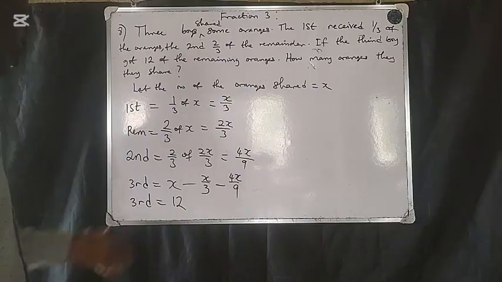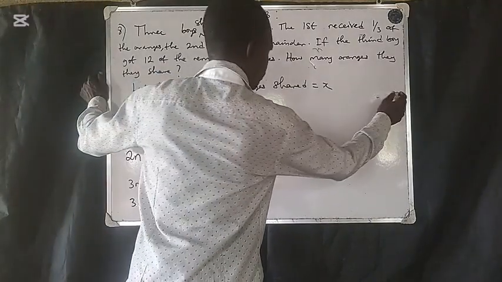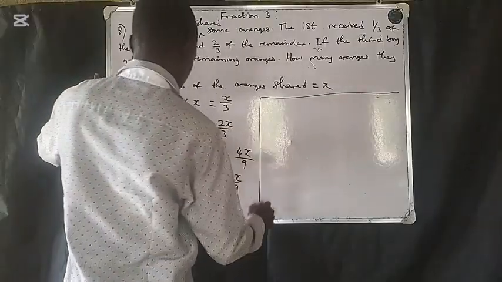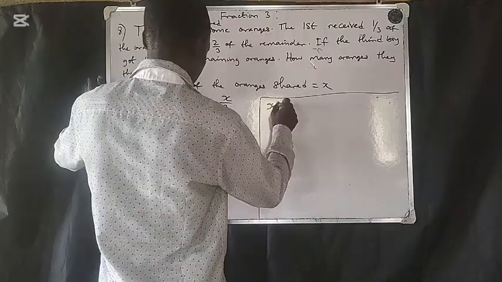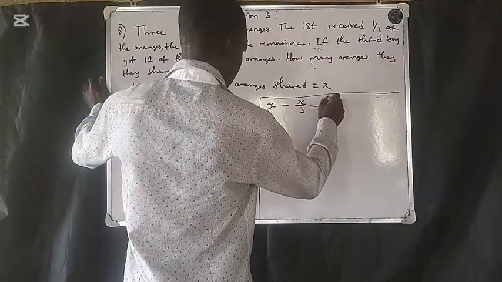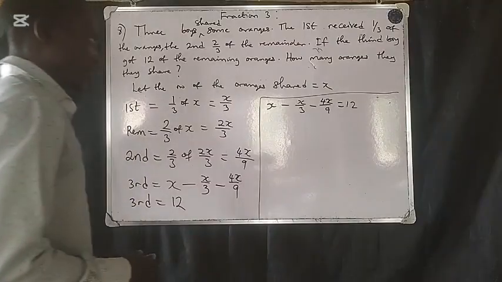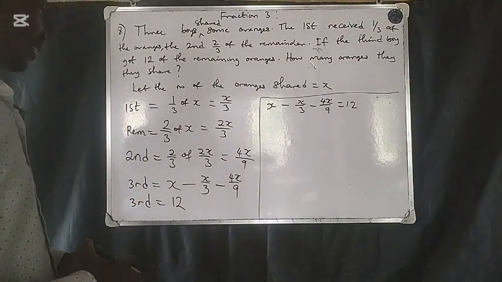So we are going to equate the two together. We are going to have x minus x/3 minus 4x/9 equals 12. This is the equation we are going to arrive at.